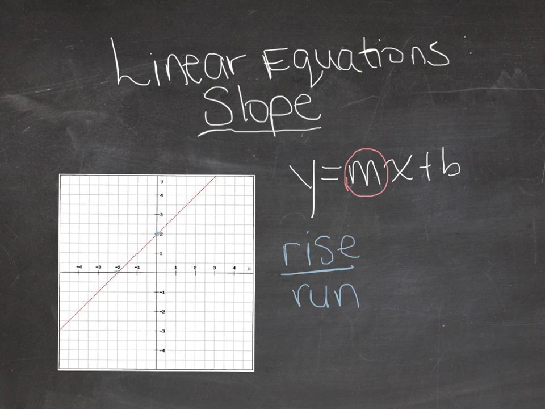I just need to count how many units I went up or down over how many units I went left or right. So I go down 1, 2 units, and then I go to the left 1, 2 units. So I have that it's 2 over 2, or just 1. Okay, so the slope of that line is 1.